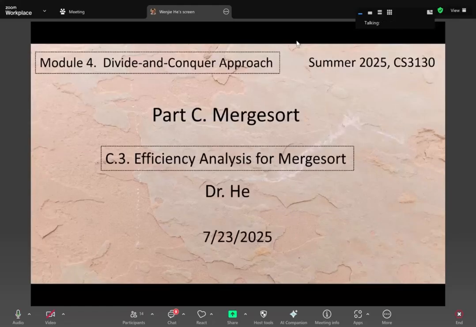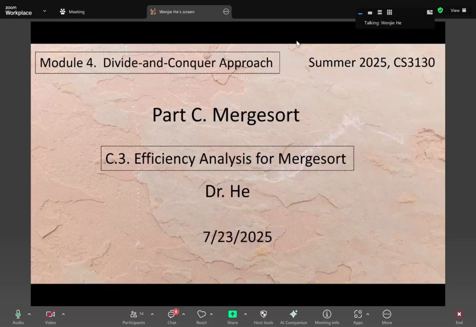Then, by the divide and conquer diagram we discussed before, we can complete the whole merge sort. So now C.3, we want to do efficiency analysis for the merge sort.